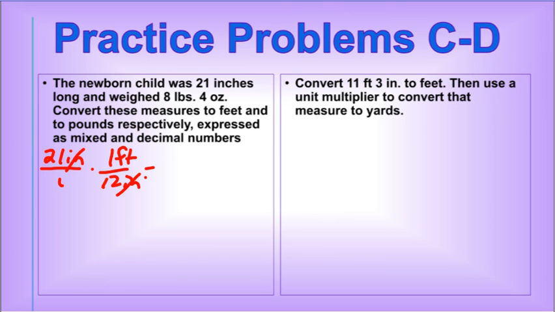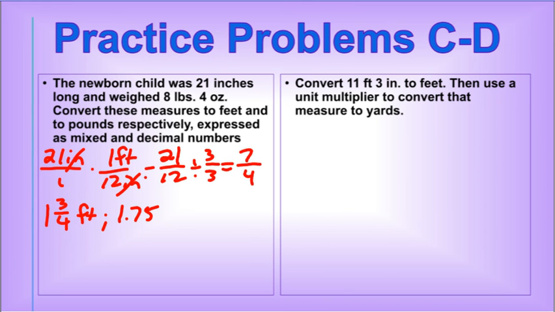So this will give us 21 over 12. Divide this by 3/3 to give us 7/4, which would be 1 3/4 feet, which is 1.75 feet.